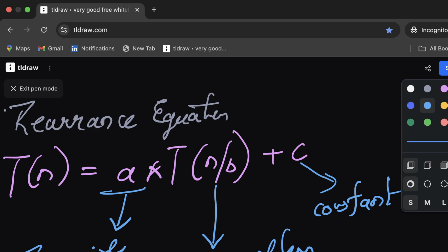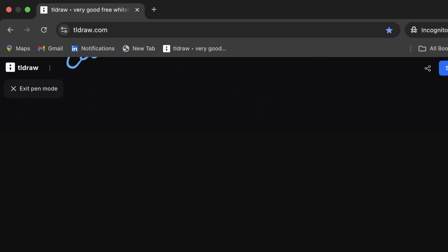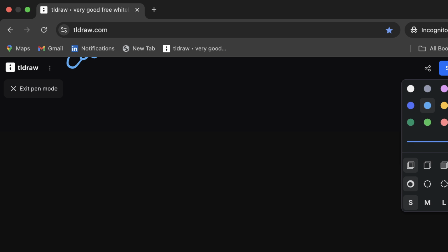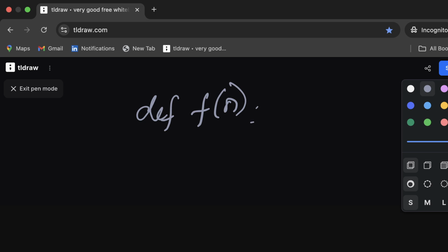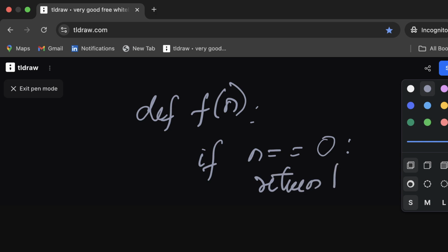For example, let's say we have a factorial recursive function. Inside that I have a condition here. This is my base condition, right? There is one caveat: whenever you're dealing with recurrence, make sure that you have a base case ready, because we don't want the stack to grow infinitely.